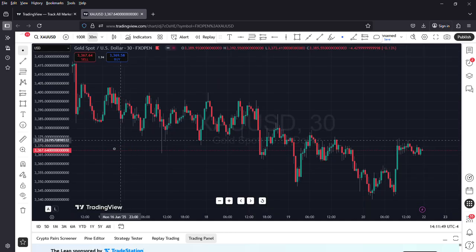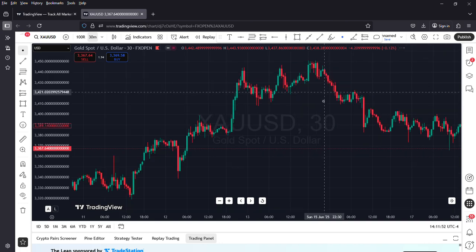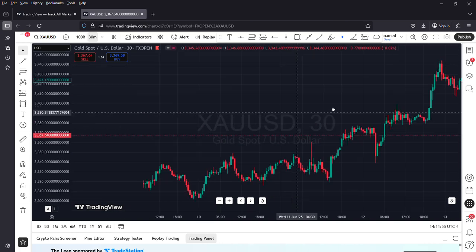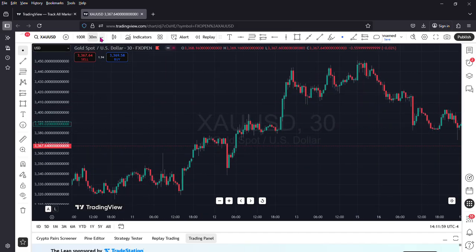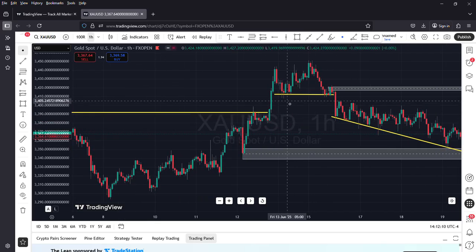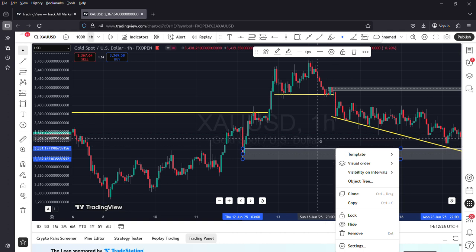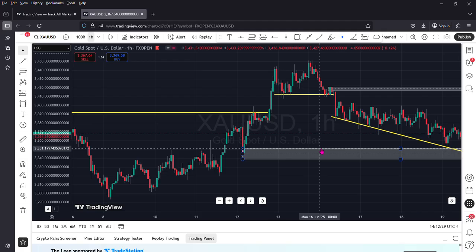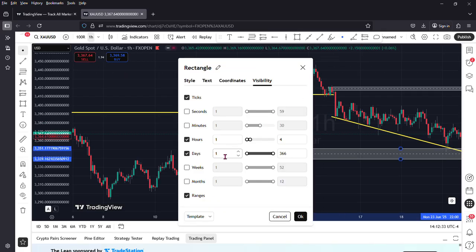On our 30 minutes, what can we see? Now, on 1 hour, let us make this zone visible, and let's make this zone visible in the lower time frame.